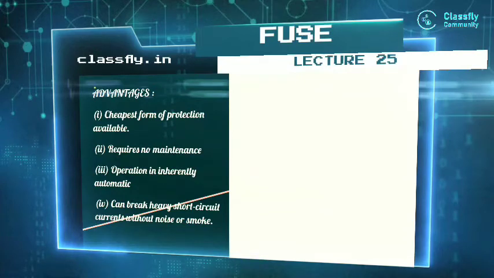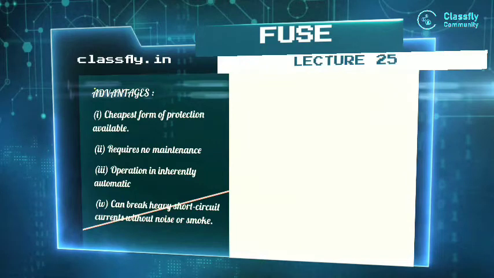So it does everything automatically. We don't have to do anything manually. The fourth point is that it can break heavy short circuit current without noise or smoke. As we know, fuses help us with short circuits, but we cannot hear any noise or see any smoke.